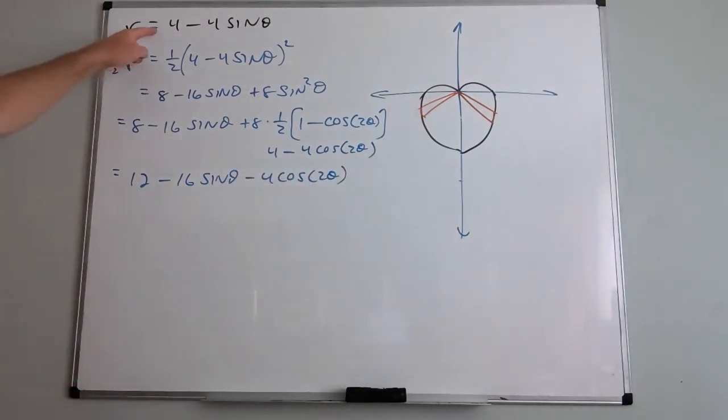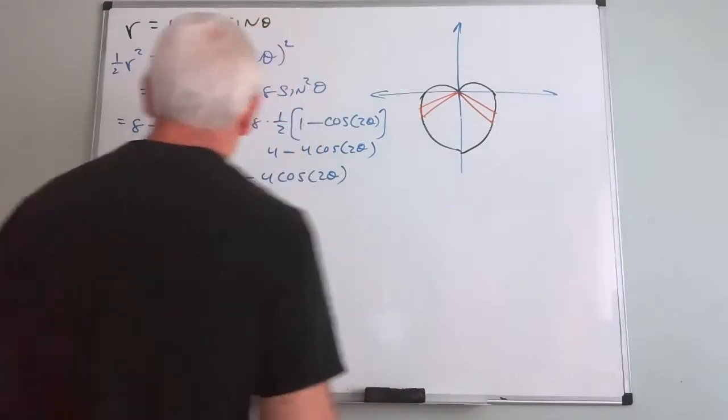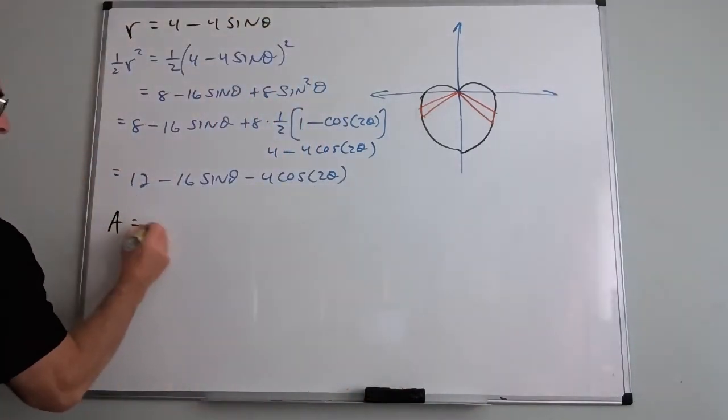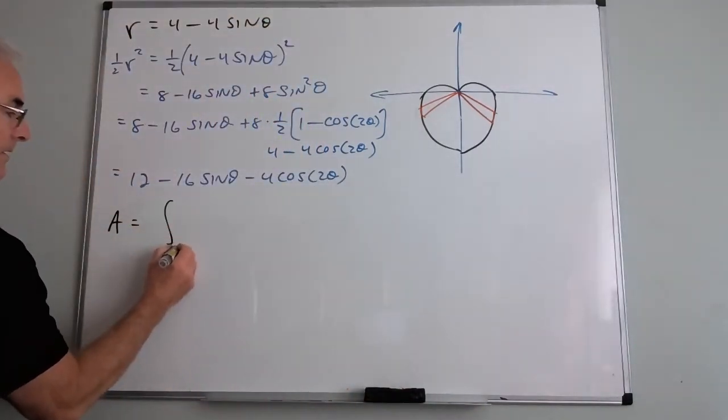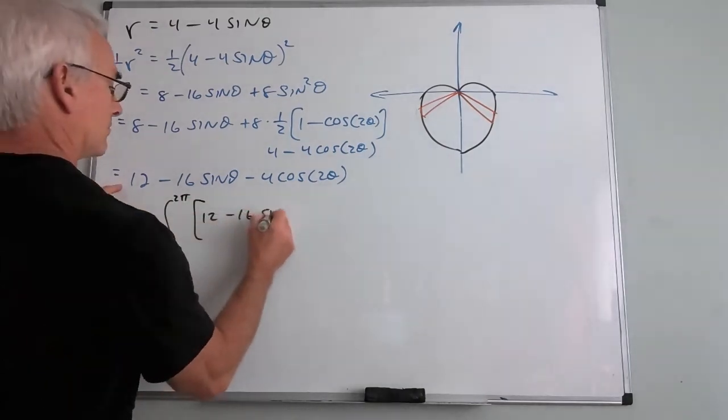That's what 1/2 the square of this will look like. So this will become my integrand. So let's go ahead, lop off some of this. So my area is the integral from 0 to 2 pi of this.